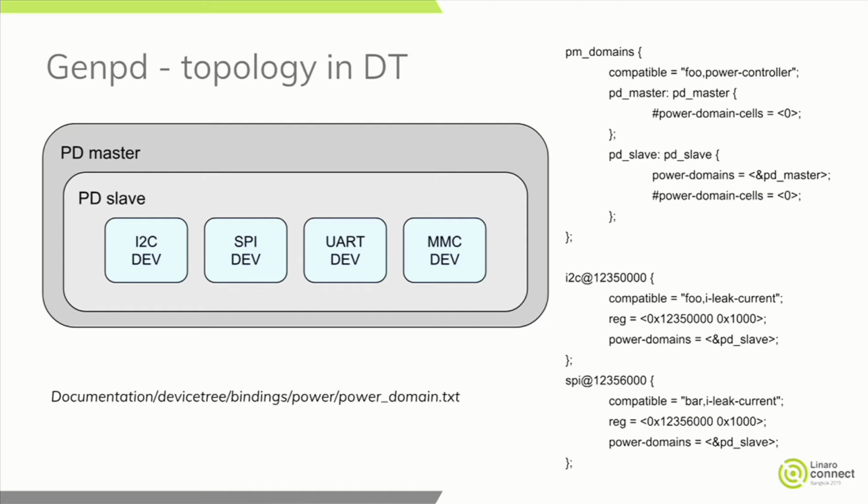And for each of the device nodes that you have, you can instruct what domains these devices are going to be attached to. So it's quite convenient, and this is just a simple example. There is, of course, documentation for these bindings that you can have a look at, and there are a lot of examples as well.